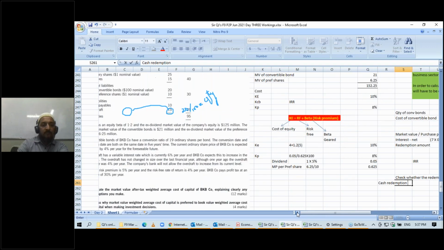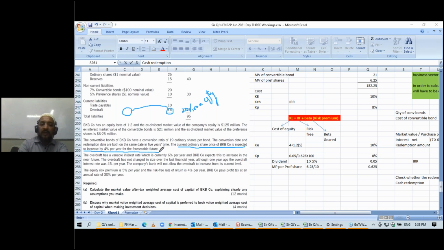As per the question, please note a few things: the current ordinary share price of BKB company is expected to increase by 4% per year for the foreseeable future.